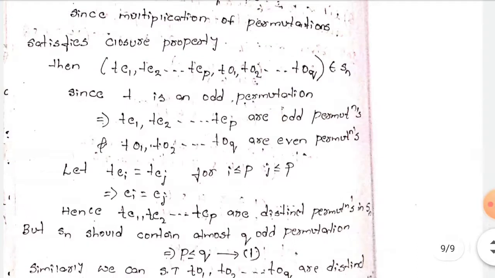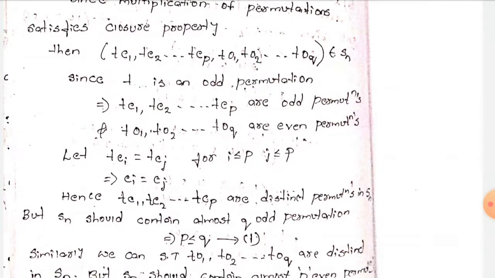Now let TEi equal TEj. By left cancellation you get Ei equals Ej. Hence TE1, TE2, and so on up to TEP are distinct permutations in S_n, but S_n should contain at most Q odd permutations.